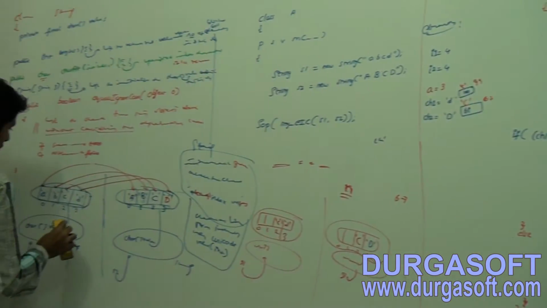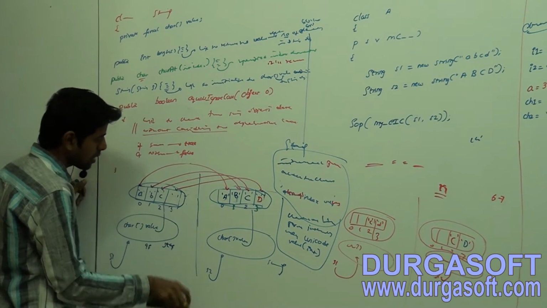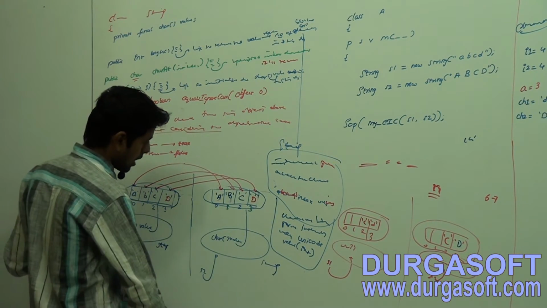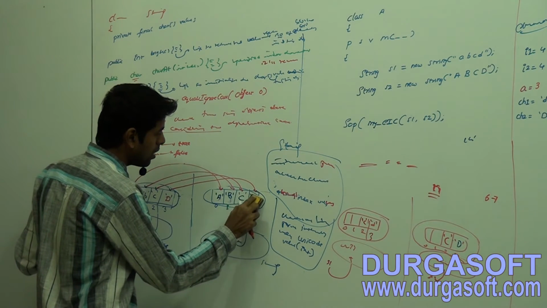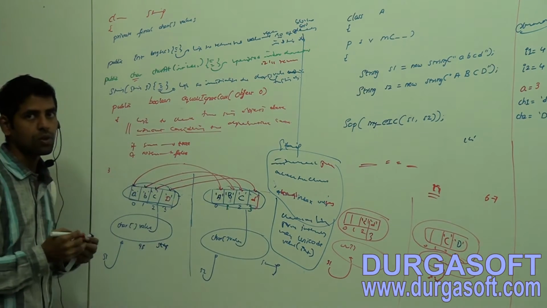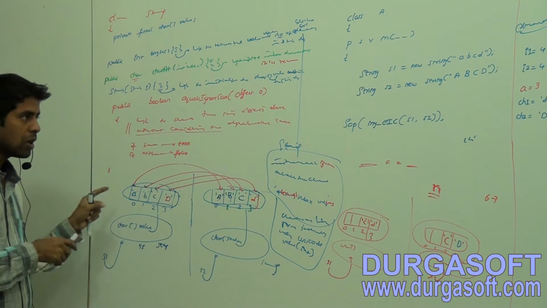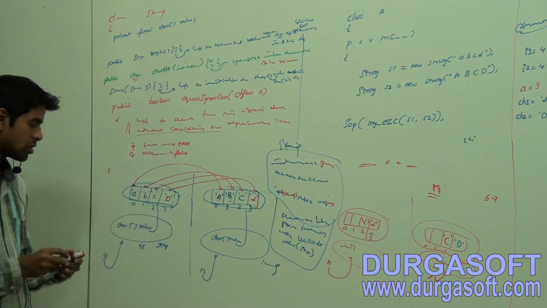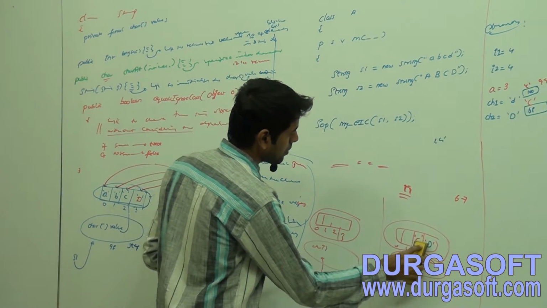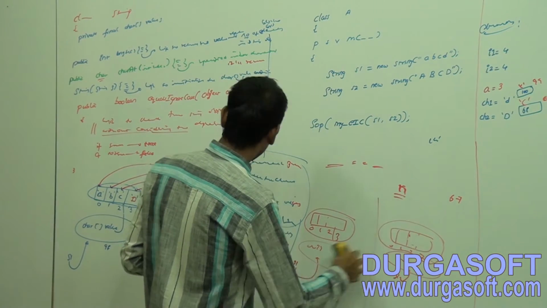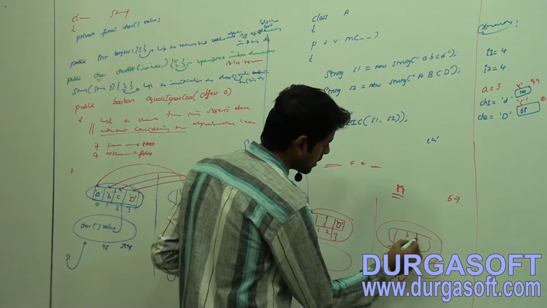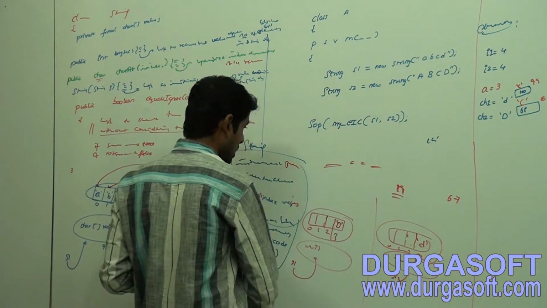Here if you are having capital D, and here if you are having small d, what is the scenario? Please observe whether our logic works or not. Here I am taking capital D, and here it is small d.